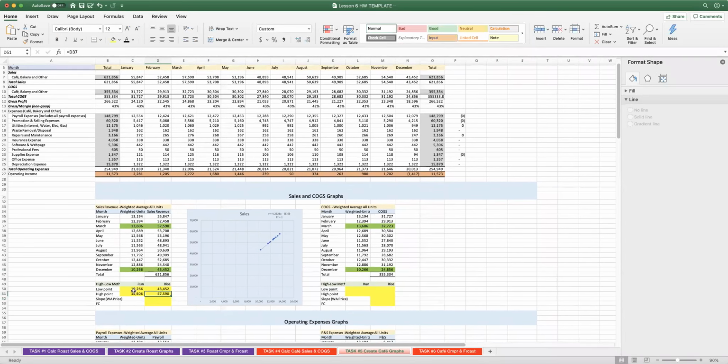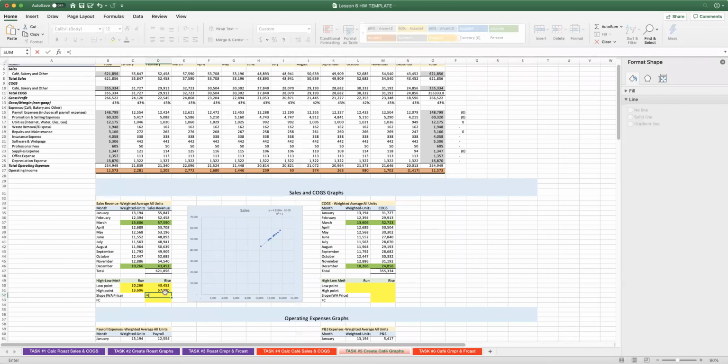Oops, I didn't catch that first one. I'll start again. This minus this, divide this minus this. Okay, so there it is again. The slope on that line, M, is $4.23. That's the average price that we get from a sale in the cafe.